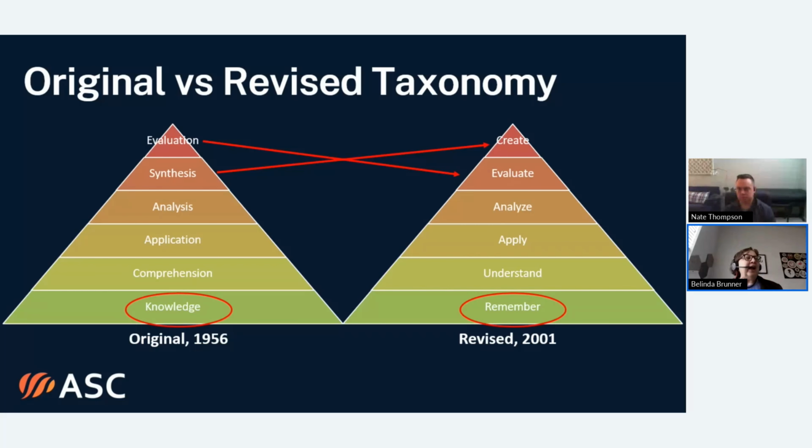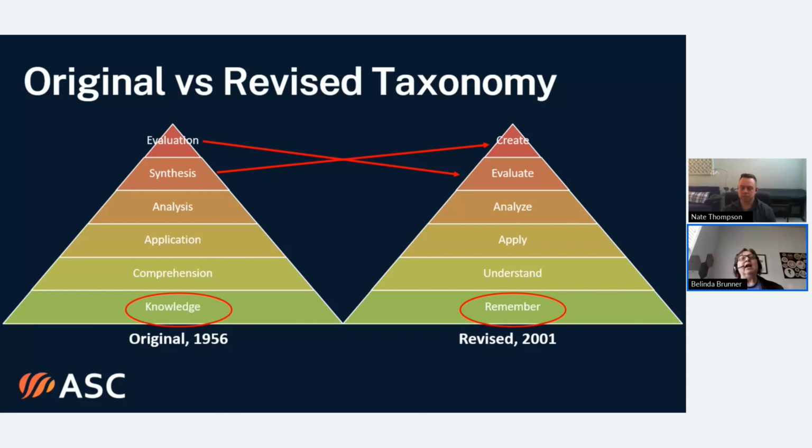The revised taxonomy, one of the things it did was that it changed the words to more active words. So they became verb words. So knowledge went to remember. And then understand, apply, analyze, evaluate, and create. So you can see that they changed the top 2 portions of the taxonomy as well.